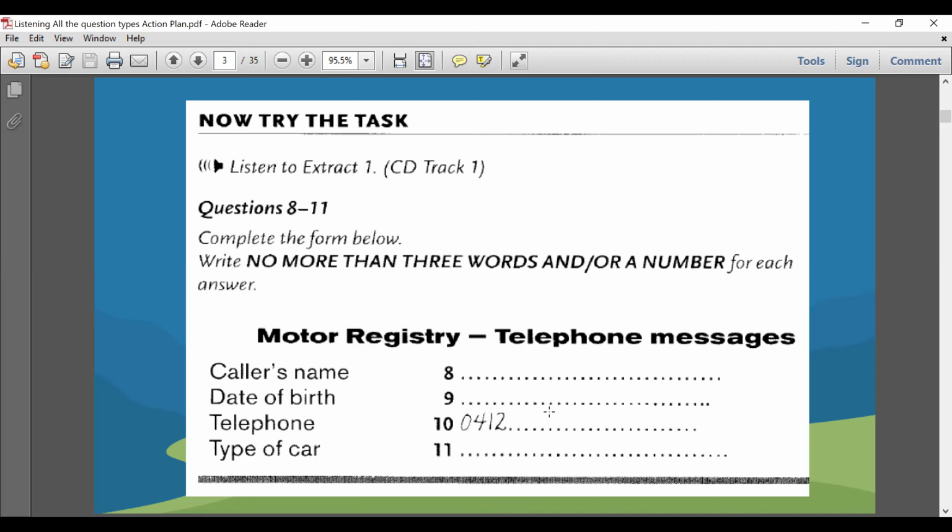What's your name? Caroline Black. Caroline Black. OK, and your date of birth? 22nd of November, 1984. November the 22nd. Oh, that's today. Happy birthday. 1984. And can you give me a contact number so I can call you back? I'll give you my mobile. It's 0412 129 807. 0412 129.